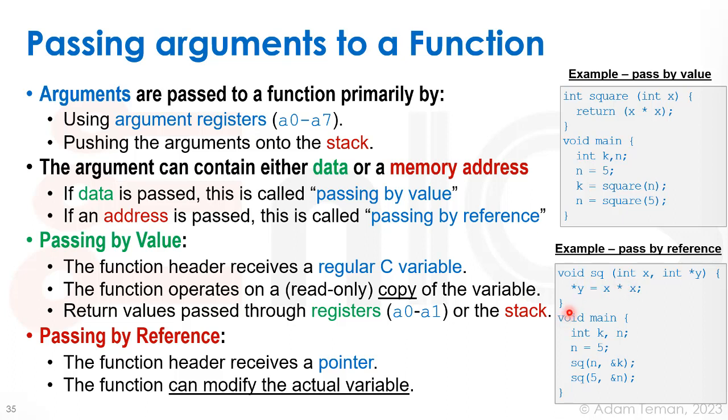And that's it. We return without returning anything. So whatever k was pointing to is now equal to 25. Okay, so that is how we basically pass by reference. We're actually working on pointers, and we can make changes inside the actual function itself.